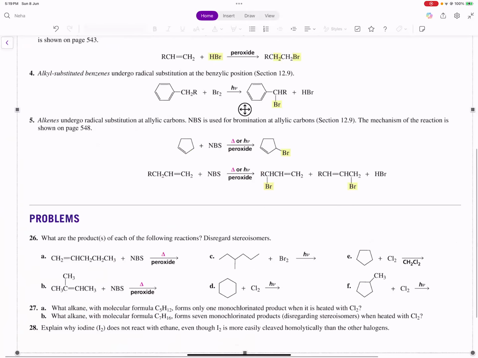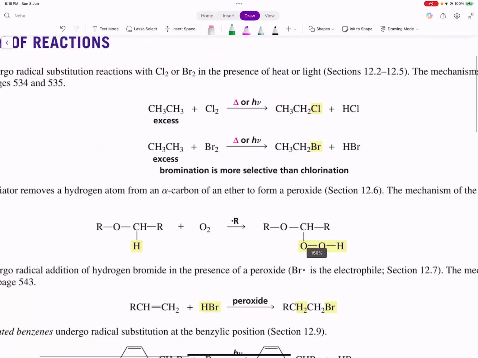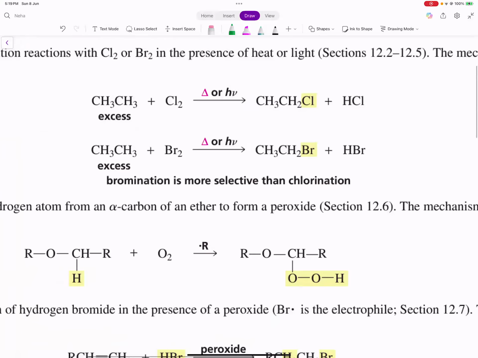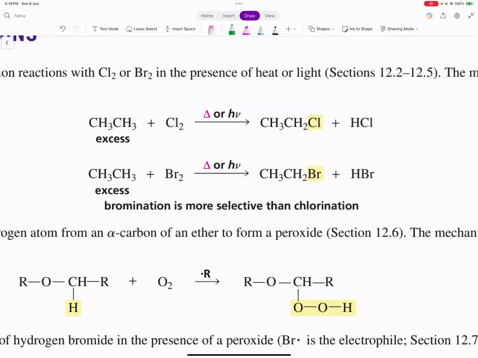See, this is the reaction. Obviously, we take the alkane in excess, because that is going to increase the probability that the radicals are going to collide with the CH3 instead of CH3CH2Cl.